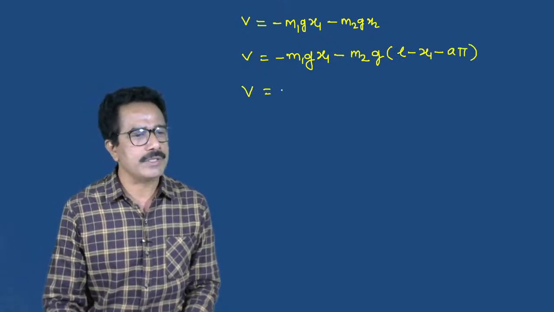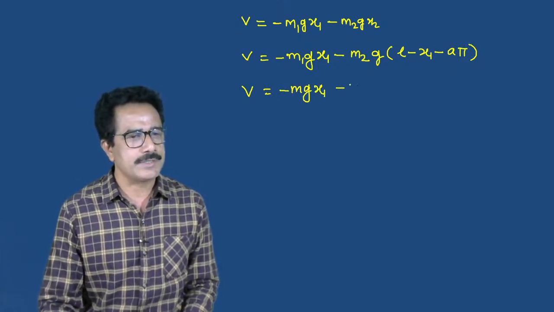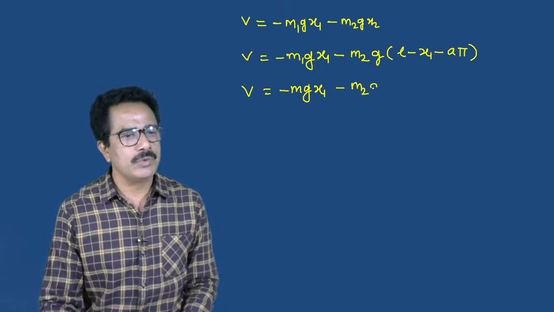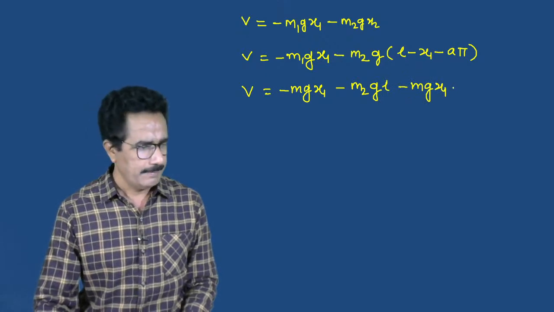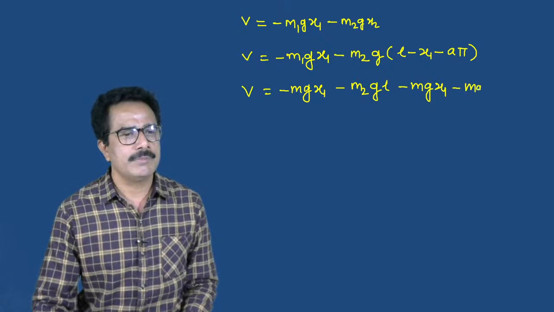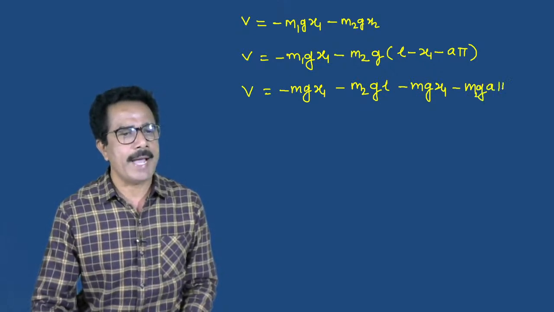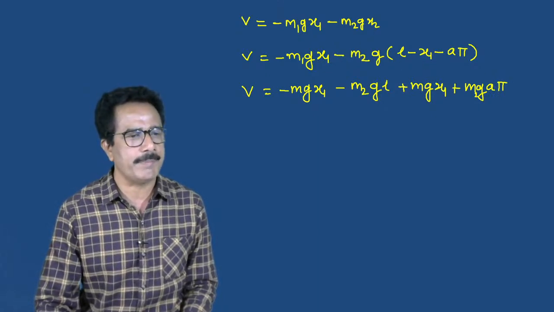So V is equal to minus m1g x1 minus m2g (L minus x1 minus a pi), that is, minus m2g L plus m2g x1 plus m2g into a pi, since this minus minus will be plus.